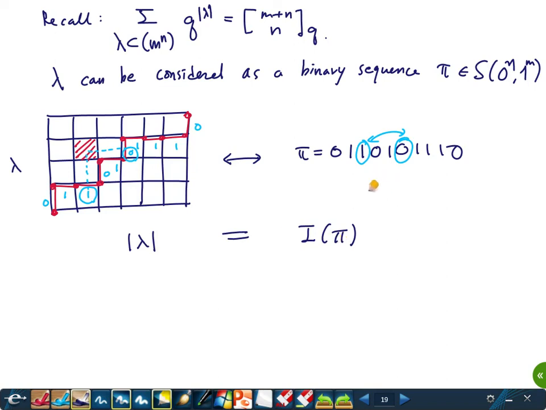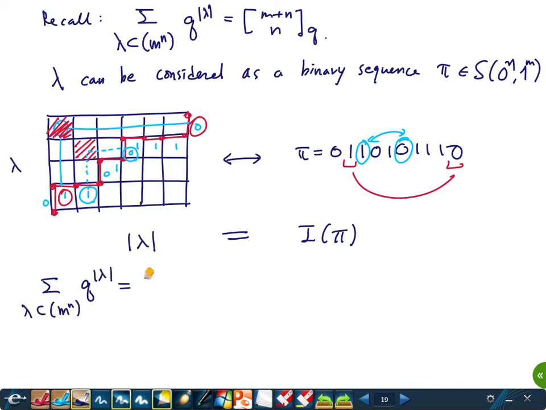Is this correspondence clear to you? Just look at anything. For instance, what about this? Look at this part, and this over here is going to be this and this. Again, an inversion corresponding to this cell. For every cell, you can find one inversion. So the summation over lambda inside a rectangle is equal to the sum over permutations of the multiset of n zeros and m ones of q to the inversions.